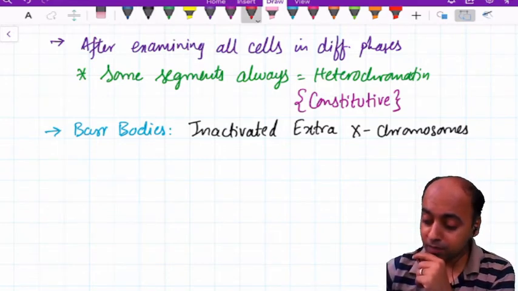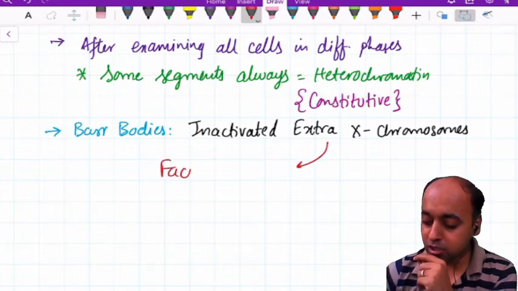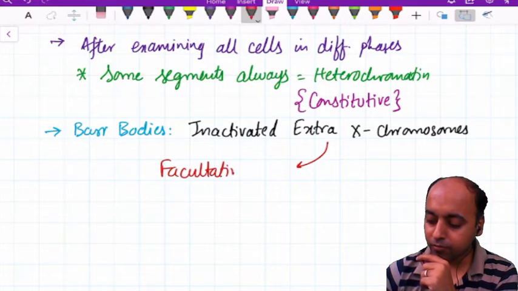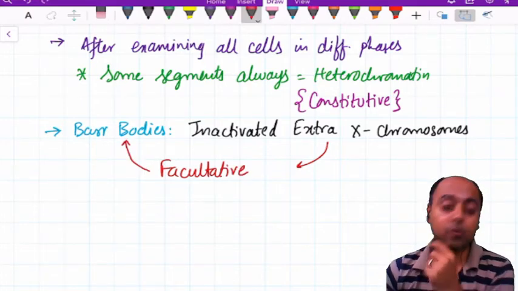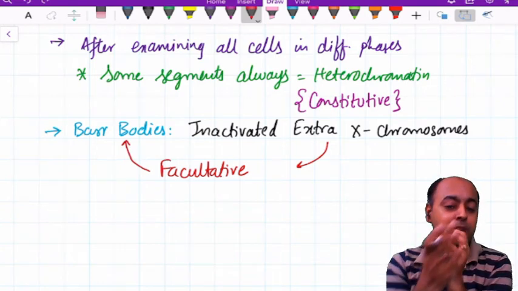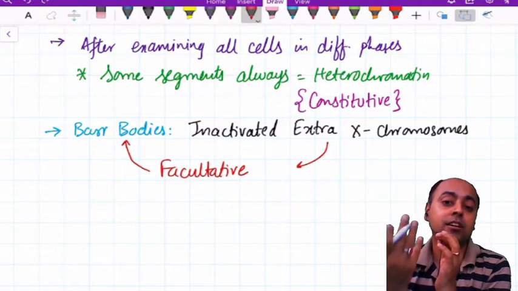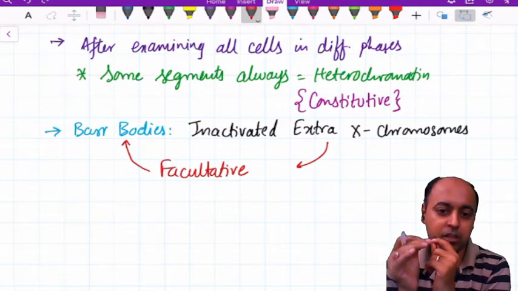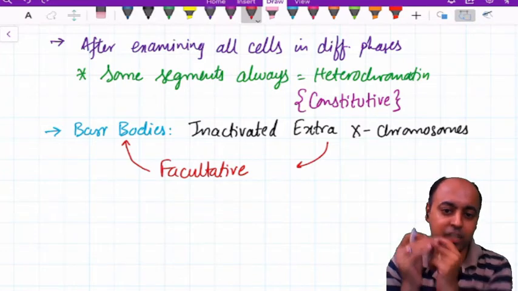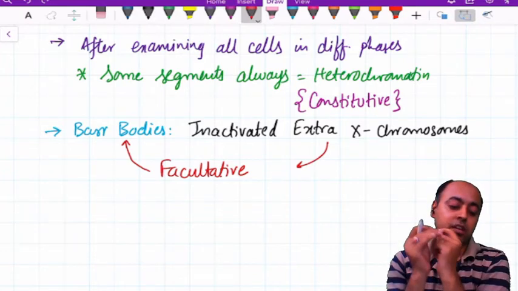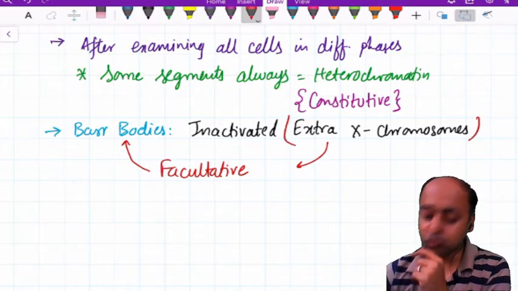So this is the facultative nature. Under special condition, it is heterochromatin. Otherwise, if you remove the extra X chromosome, then it becomes transcriptionally active. So remember, bar body is facultative, means only under special conditions it is heterochromatin. The special condition is another X chromosome.